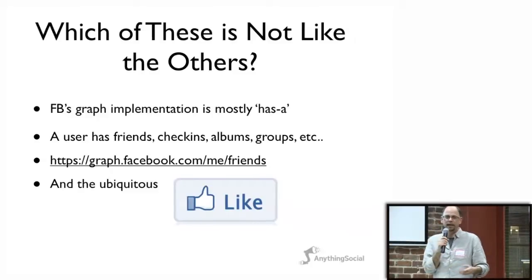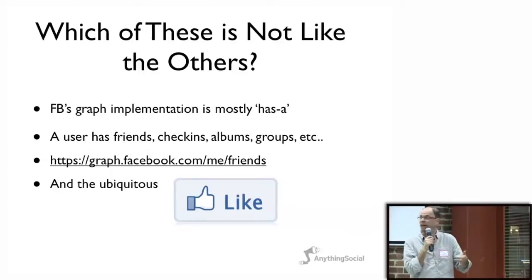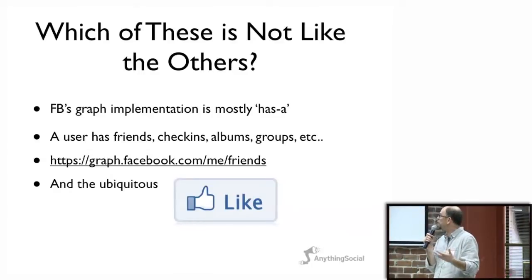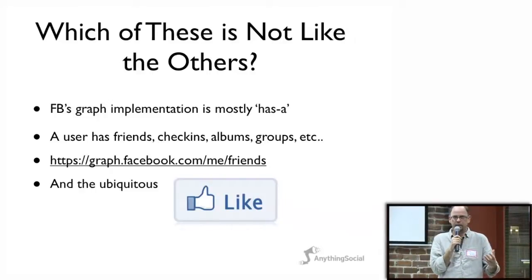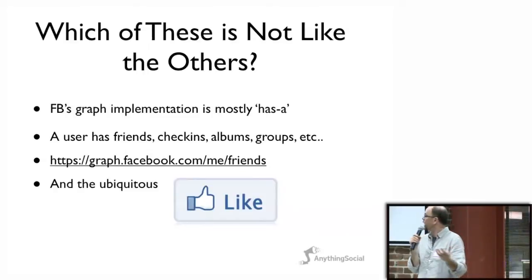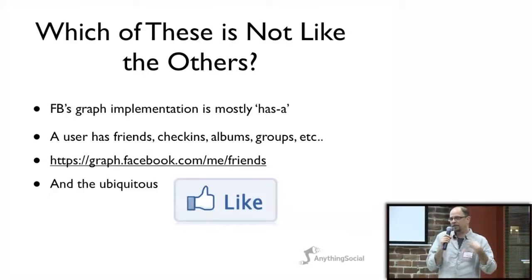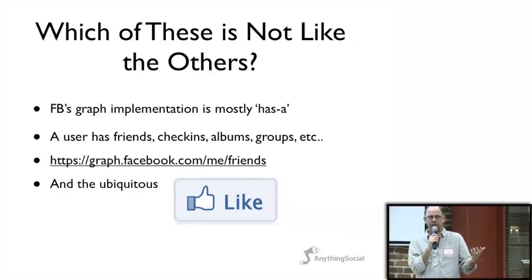It's my life anyway. I don't know about the rest of you. The way they've structured the graph is basically in terms of a has-a relationship. A user is going to have friends, albums, groups. These are relationships between you, your friends, and things, right? So it's not really that interesting, it's just like a box of stuff.